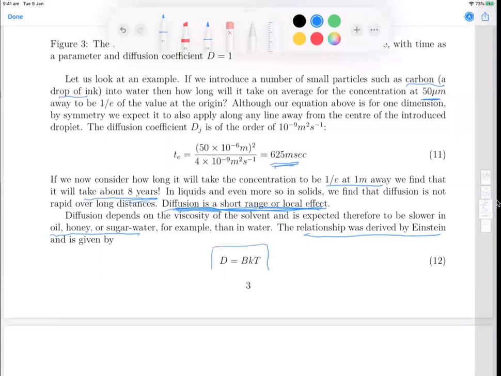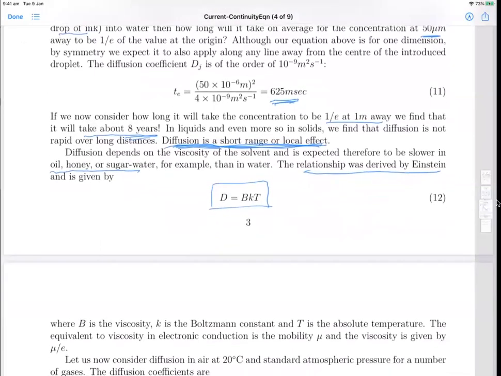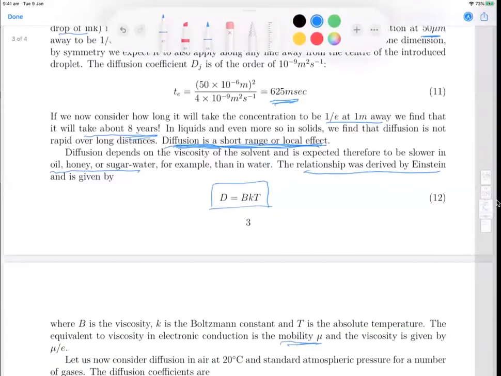And also a very celebrated equation, where D is the diffusion constant, B is the viscosity, k is Boltzmann's constant, and T is the absolute temperature. But in semiconductor devices and electronic conduction, mobility is comparable to viscosity. And we can sort of define a viscosity for electrons to be mobility divided by fundamental charge.